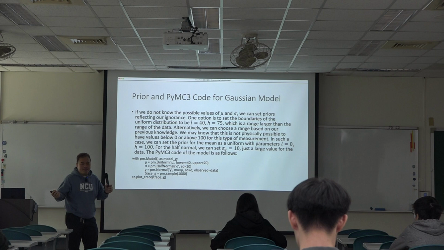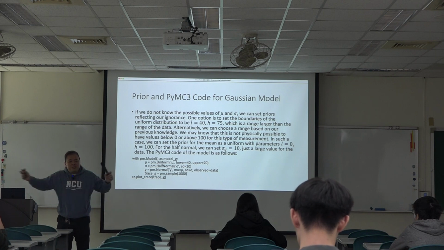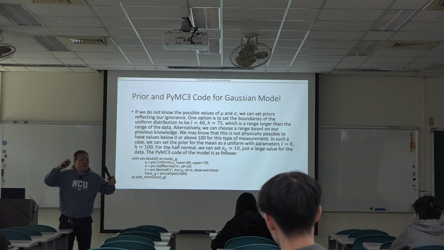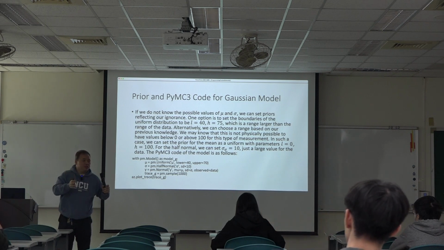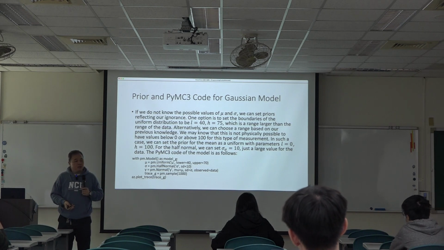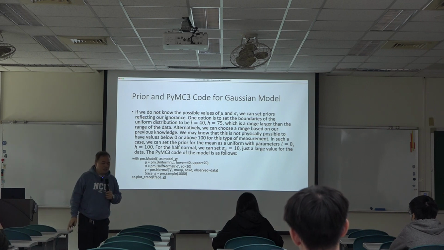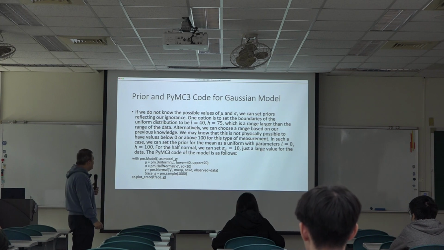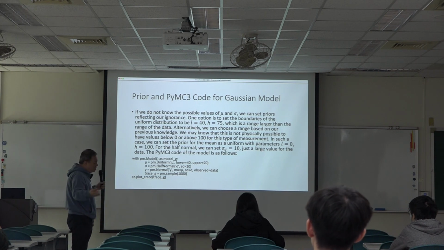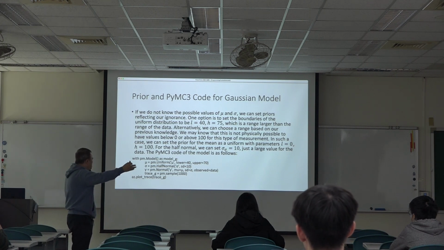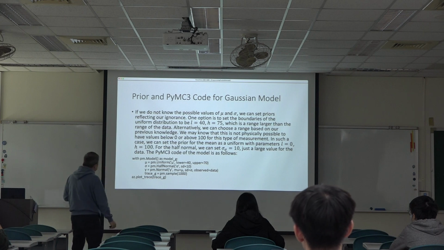You can even relax it further. This prior choice is determined by your prior knowledge about this problem. The author is in this research domain, so he thinks 40 to 75 accounts for all the values in the data set.